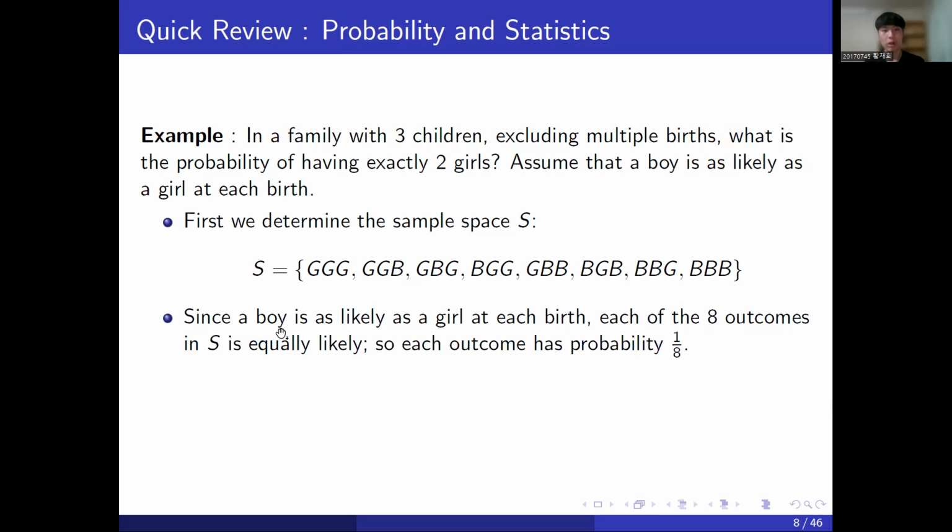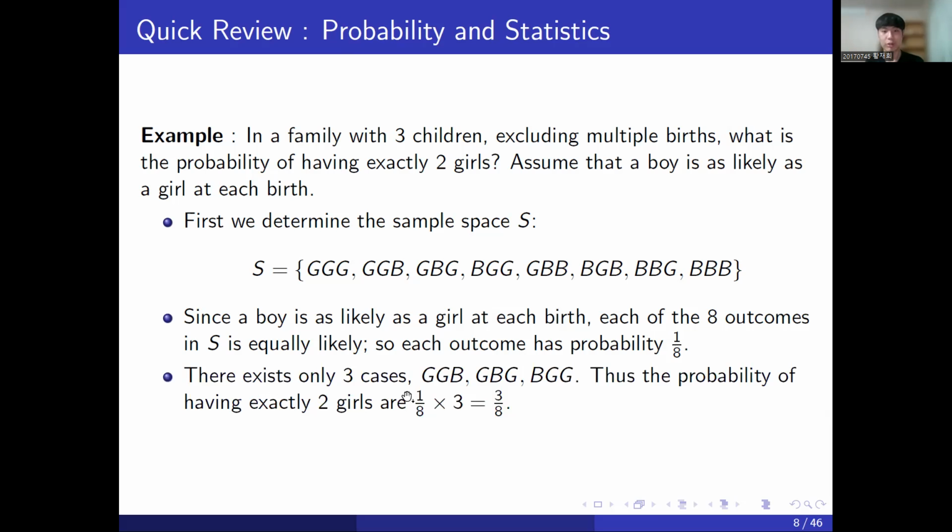Since a boy is as likely as a girl at each birth, each of the 8 outcomes in S is equally likely. So each outcome has probability 1/8, and there exist only 3 cases like this. Thus, the probability of having exactly 2 girls is 1/8 times 3 equals 3/8.